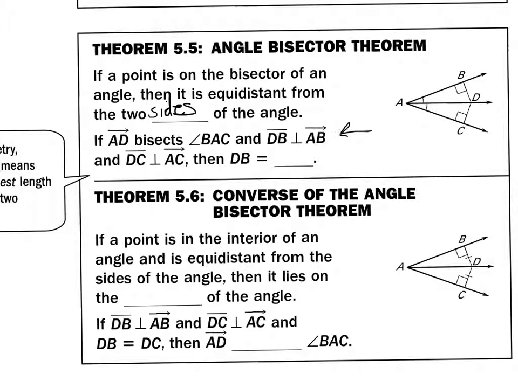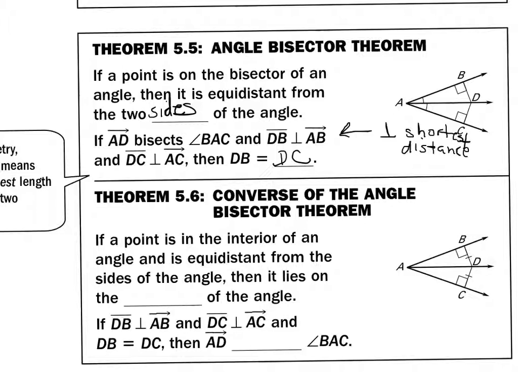Because perpendicular gives us the shortest distance. So that would be the closest point from D to that ray AB. Then DB equals DC.